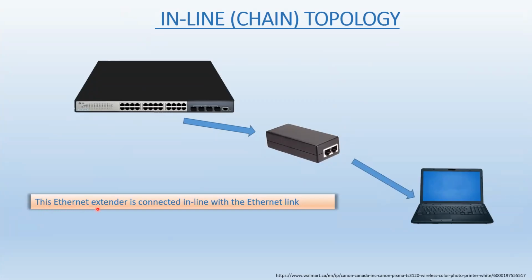This Ethernet extender is connected inline within the Ethernet link. Okay, why would you use something that's called an Ethernet extender? For the most part, I just have to say that now because some changes have been, well, there are some discoveries or inventions that have been made.